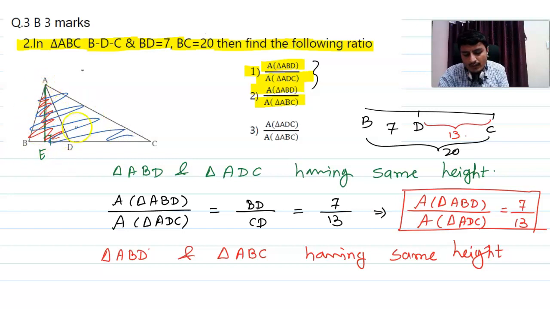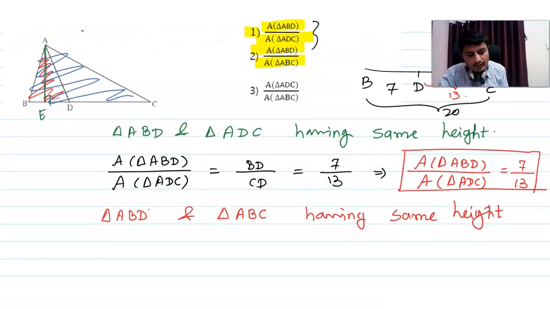For ABD, AE is the perpendicular drawn on BD, so BD is the base and AE is the height. Look at triangle ABC, AE is the perpendicular drawn on BC, so BC is the base and AE is the height. So both triangles have the same height, that is AE.